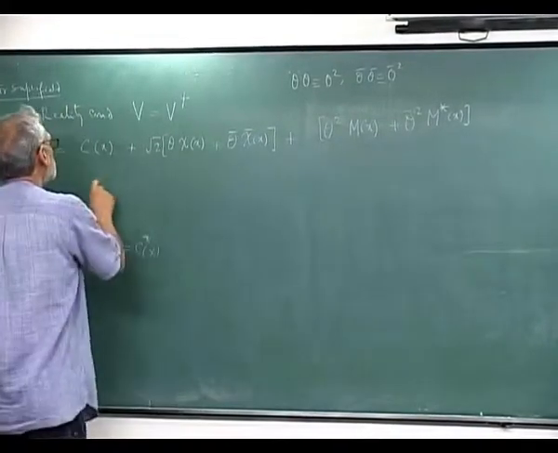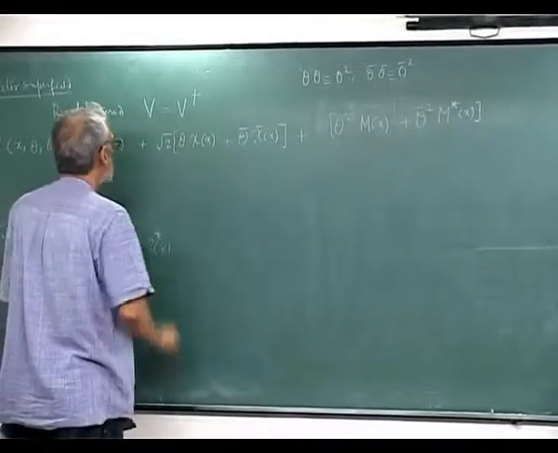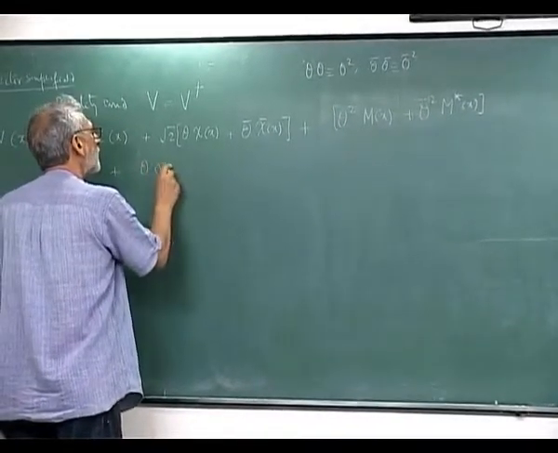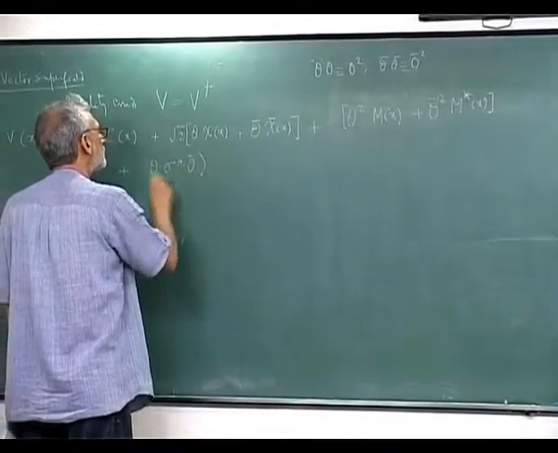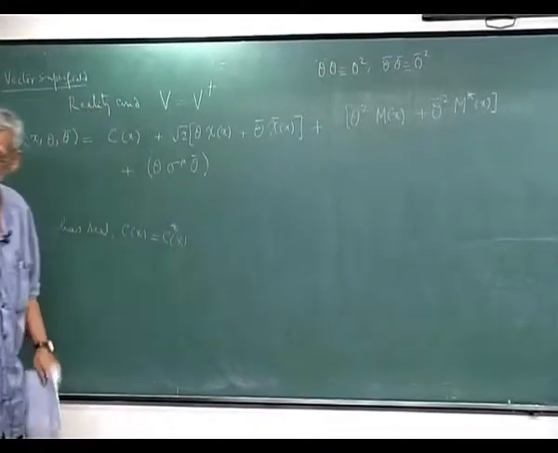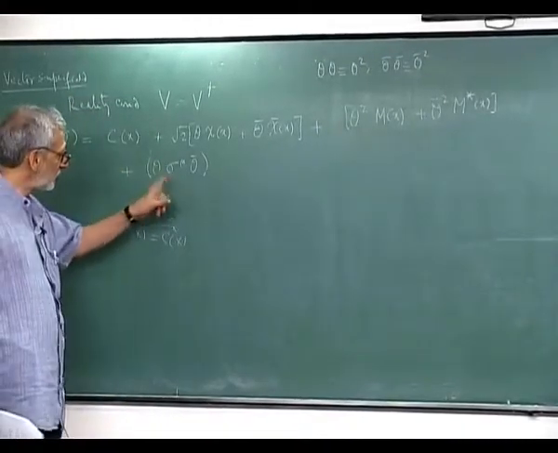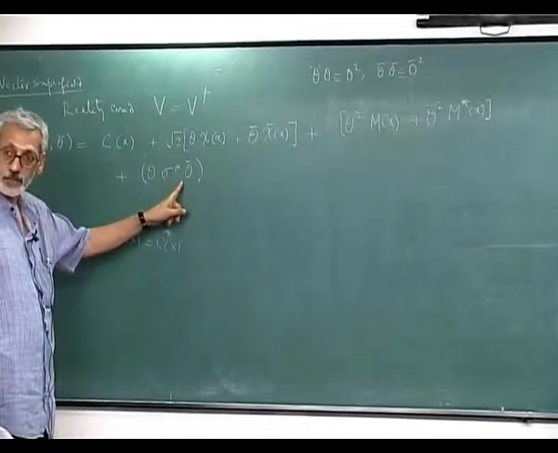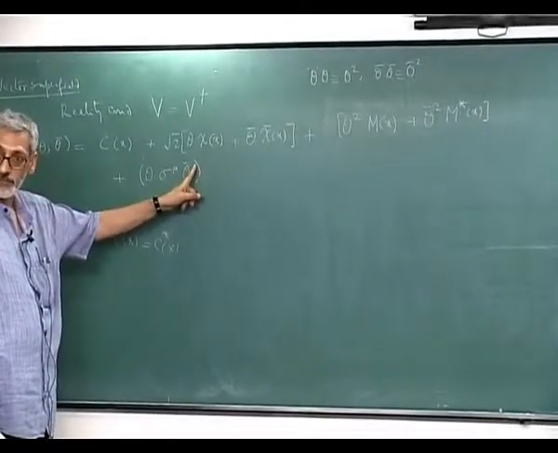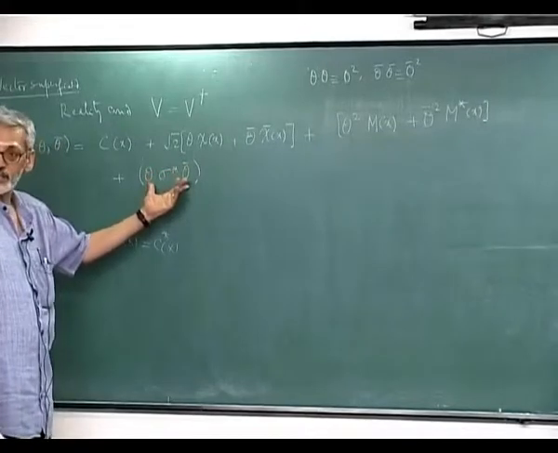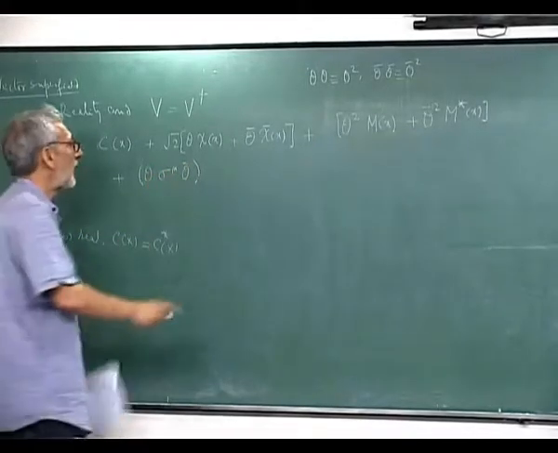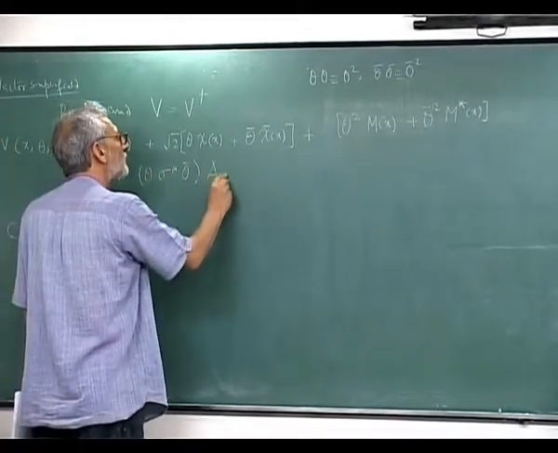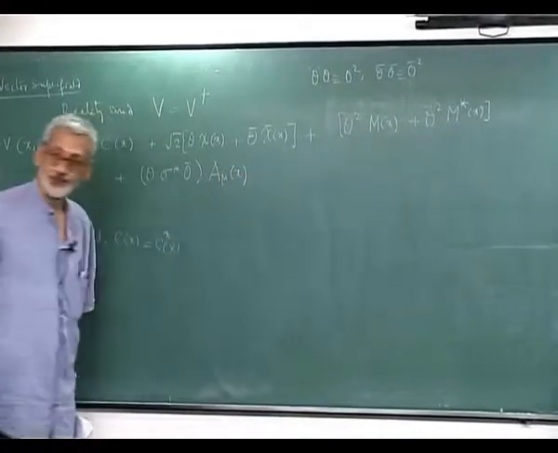Then another possible 2 theta term could be theta sigma mu theta bar. Again, in shorter notation, this is theta alpha up, sigma mu alpha alpha dot, theta bar alpha dot up. This object is real, and we multiply it by some A mu of x.